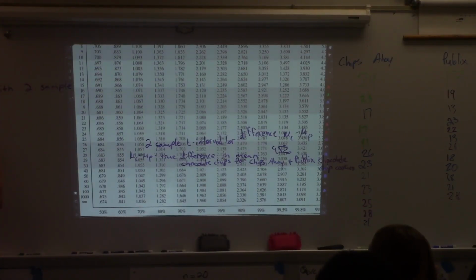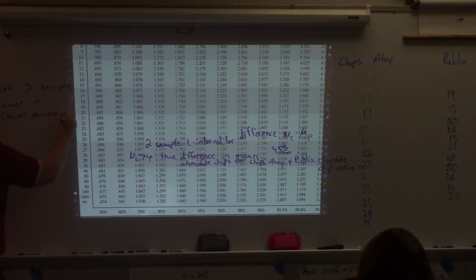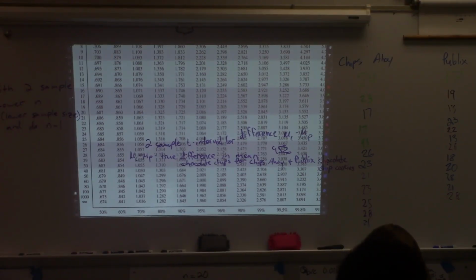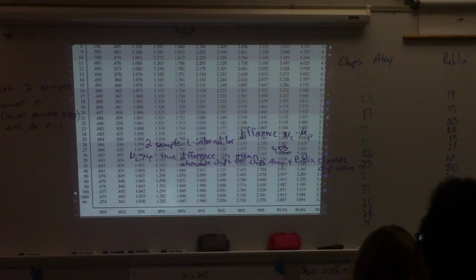One, you can take the lower n, the lower sample size, and do n minus 1. Now, that's essentially what most of y'all did, because they were the same sample size, and so that worked in this case. Notice though, I did not add those two sample sizes together.